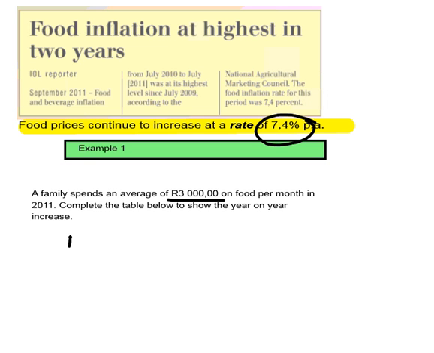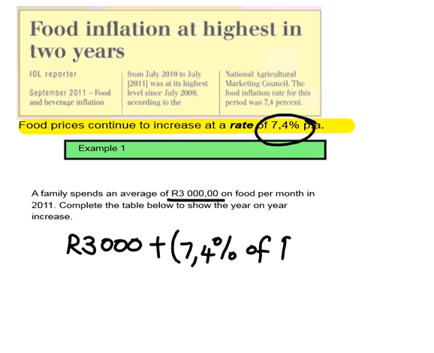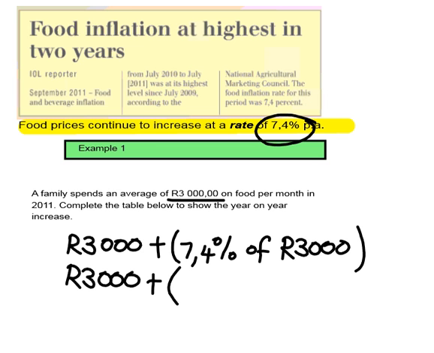Okay, we're going to take 3,000 Rand plus 7.4% of 3,000 Rand. Okay, which means 3,000 Rand plus, what is 7.4%? Can you remember? 7.4 over 100 times 3,000 Rand.